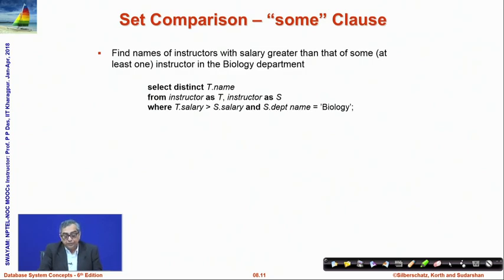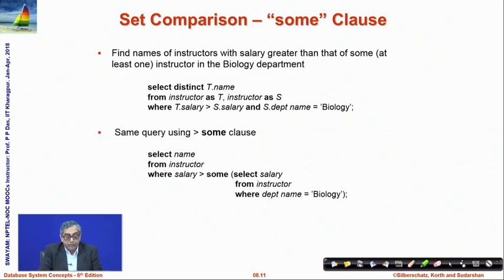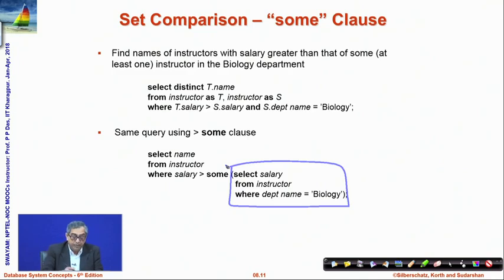There is another clause called the some clause. Look at this, find names of instructors whose salary is greater than that of some, which means at least one instructor in the biology department, and we have already seen this coding before. Now, we can do this in terms of the nested query by using, again, the salary of instructors in the biology department, and we are doing greater than some.